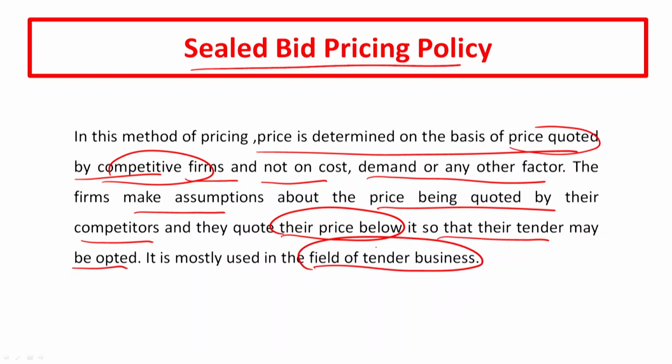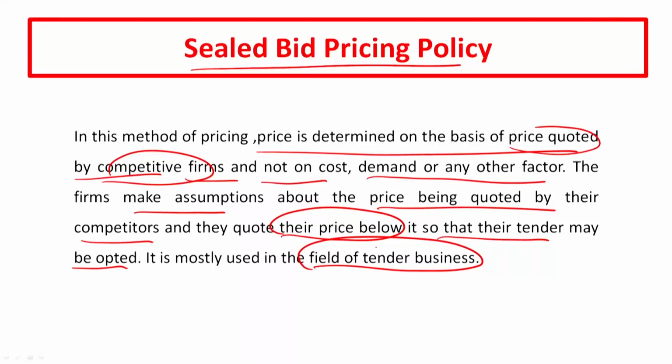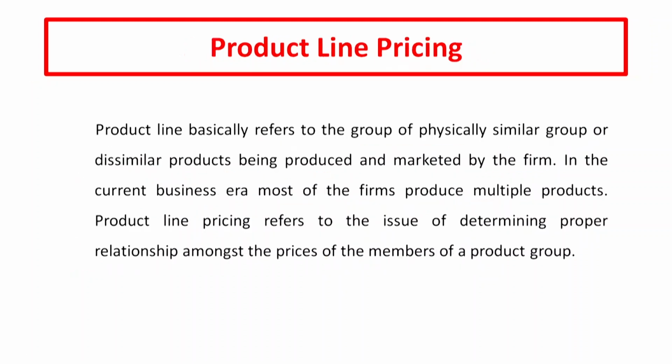So this sealed bid pricing policy is mostly for tender business. Here they try to understand the price being quoted by the competitive firms and finally they fix a price which is lower as compared to their competitors. So if their prices are lower, there are more chances of acceptability of the tender. So it is mostly used in the tender business.